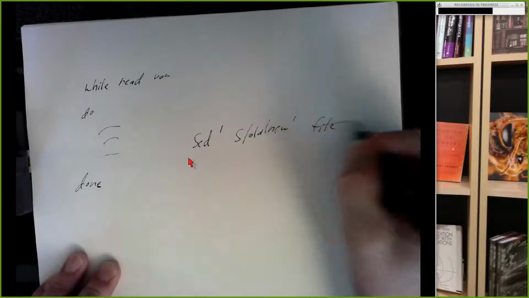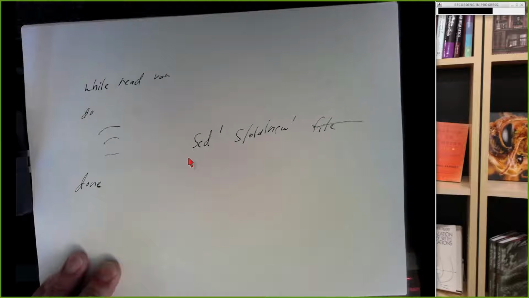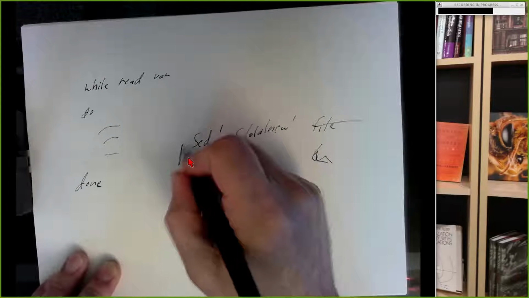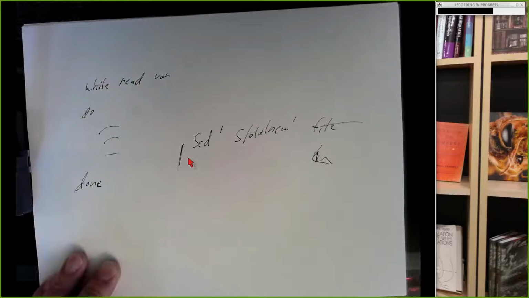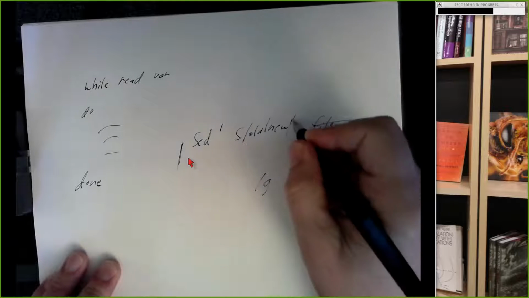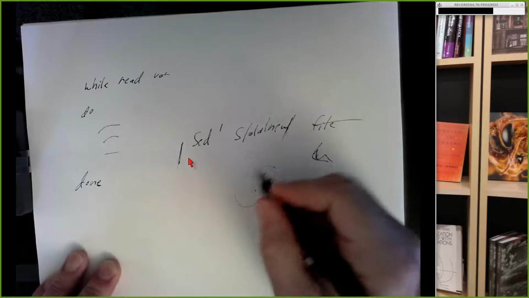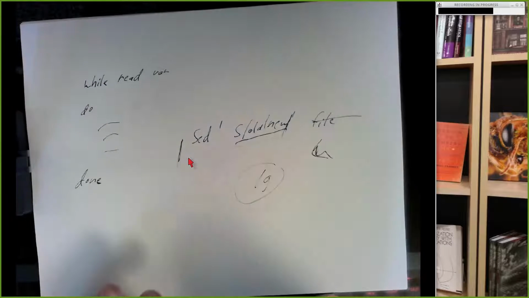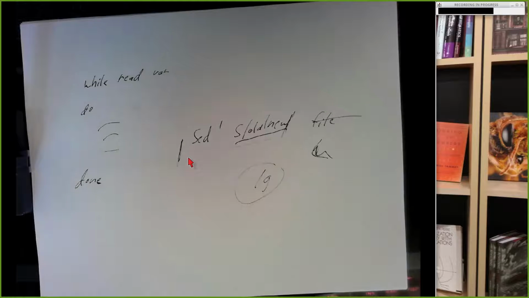But if you don't specify a file, it will read from standard in, which means you could redirect it from a file, or more typically you could pipe something into standard in. And if you put a /g after this last slash, the replacement you're specifying will happen everywhere possible on the line. If you don't put a /g, the replacement happens exactly once.